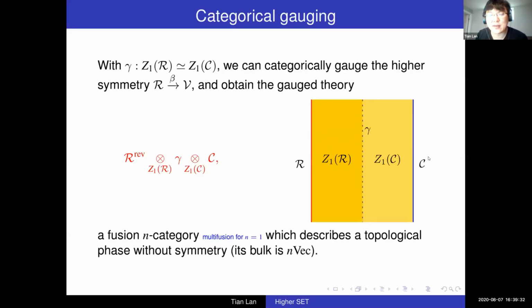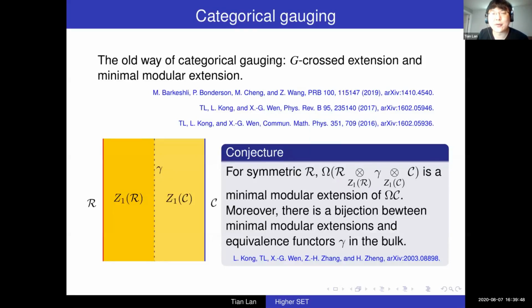The resulting thing will be a topological phase without symmetry, and it should be the theory that you get after you gauge this higher symmetry R. And we can compare it to the old way of categorical gauging by either G-crossed extension or minimal modular extension. So our conjecture is that the two ways should be equivalent.